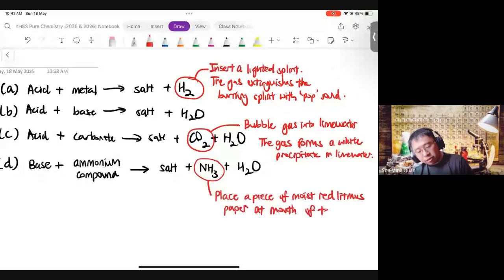Okay, most of the time we use either a test tube or boiling tube, depending on the question. So we place a piece of moist red litmus paper at the mouth of the test tube, boiling tube. The gas turns moist red litmus paper blue.